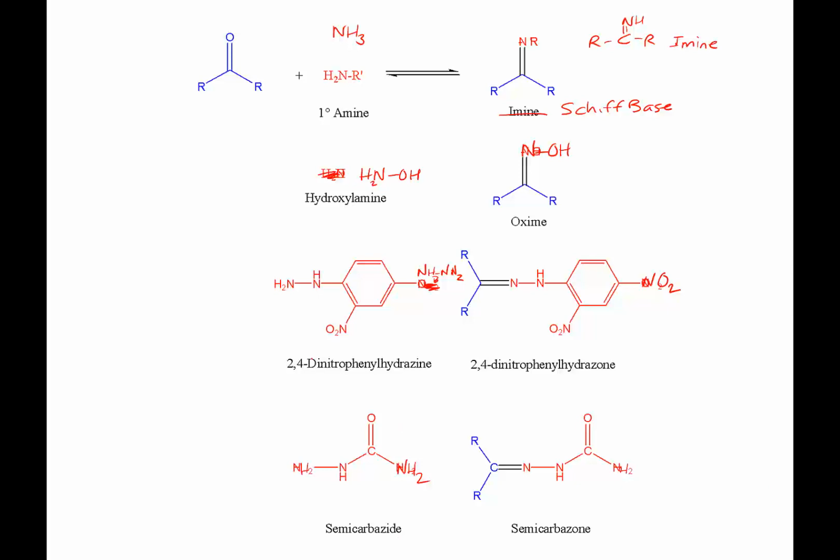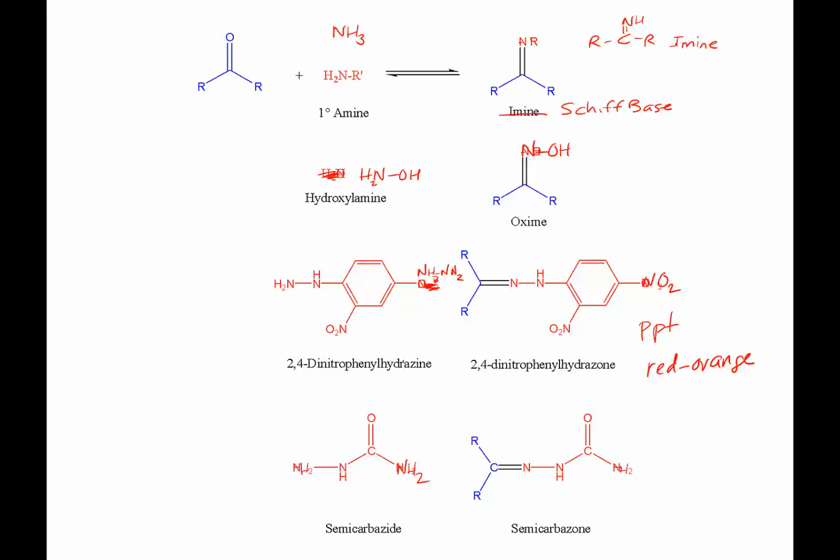Usually it was the 2,4-dinitrophenylhydrazine, because when you added that to an aldehyde or ketone, it formed this compound, which was a precipitate, and its color was anywhere from red to orange. So if you thought you had an aldehyde or ketone, you would add that compound, and if you got a precipitate, then that would tell you you had an aldehyde or a ketone.